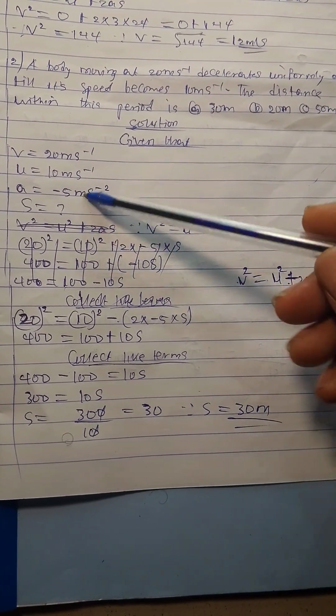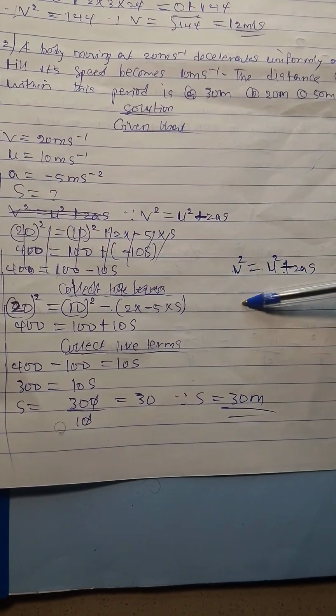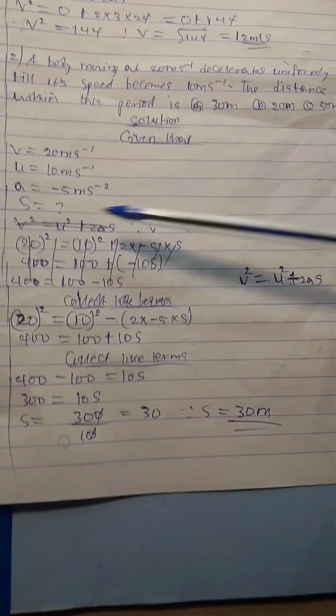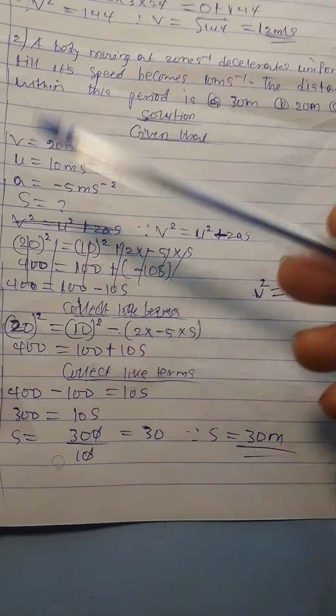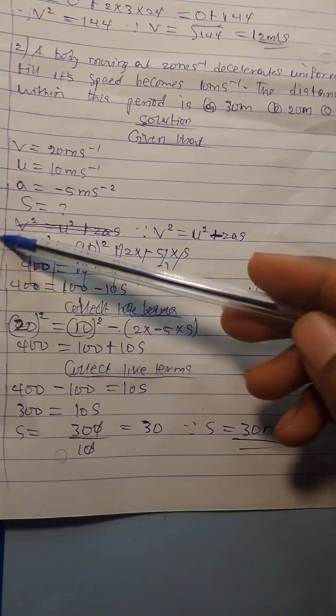If you check what is given to us here, I have the final velocity, I have the initial velocity, and also I have the acceleration, which is the deceleration, a. Now we have to find the distance.